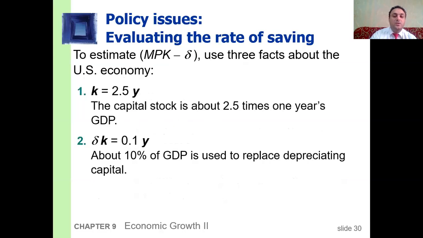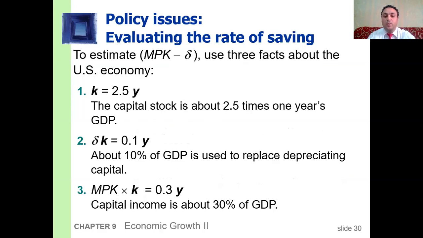So we can use these three facts about the US economy to estimate. For example, the capital stock is about 2.5 times one year's GDP, about 10% of GDP is used to replace depreciated capital, and capital income is about 30% of GDP.